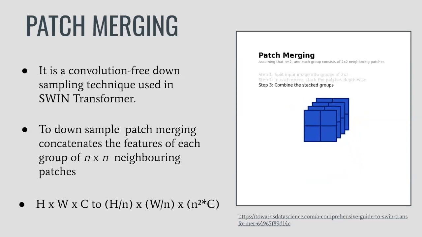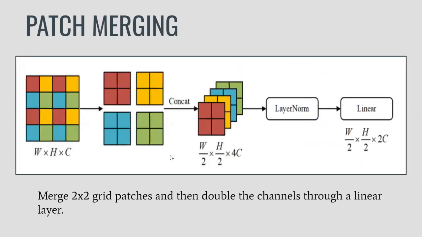Now let's go back to this slide. So we have reached this place where our h is converted to h by 2, w has become w by 2, and c has become 4c because this is n squared c. The purpose of fusing patches is to introduce a hierarchical feature representation.